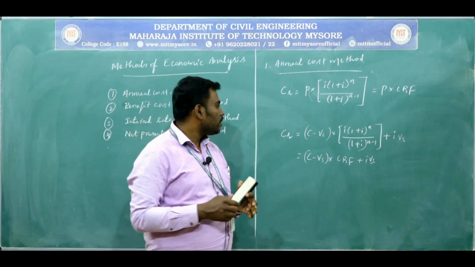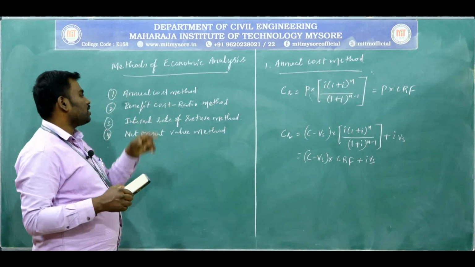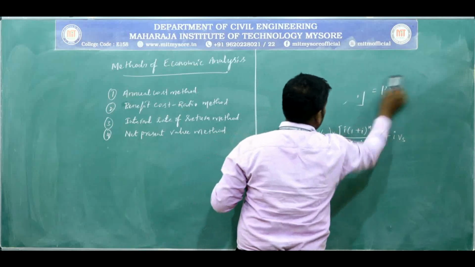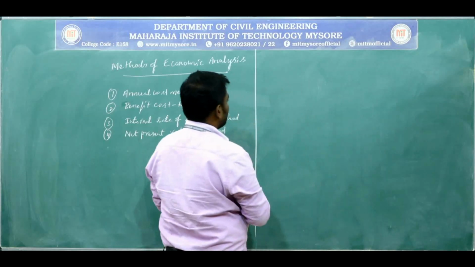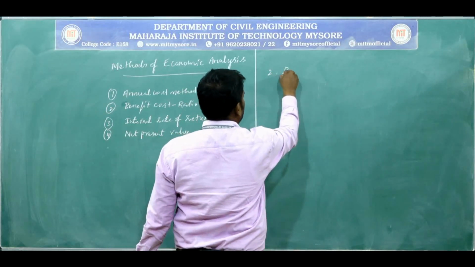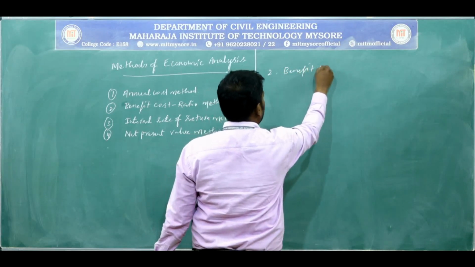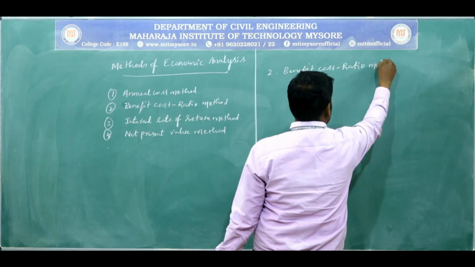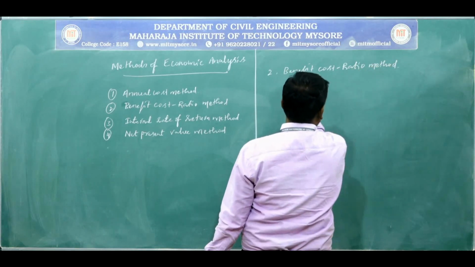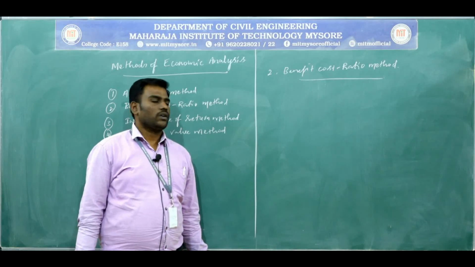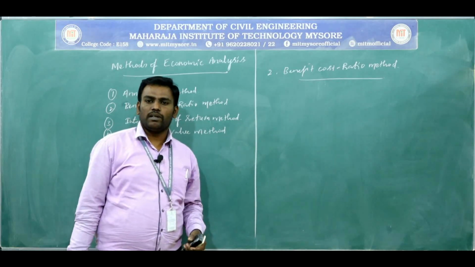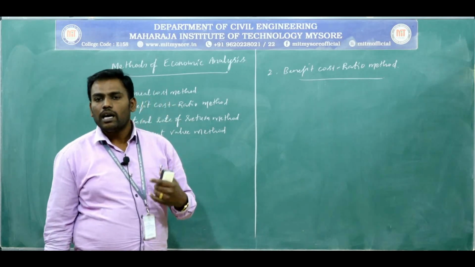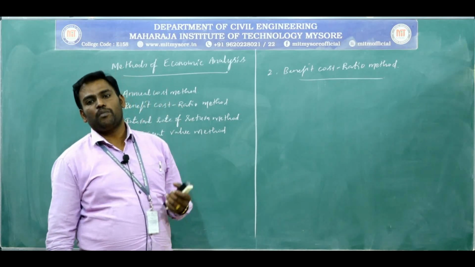The next one is the benefit cost ratio method, number two. In the benefit cost ratio method, they are going to assess the merit of the proposed highway improvements.